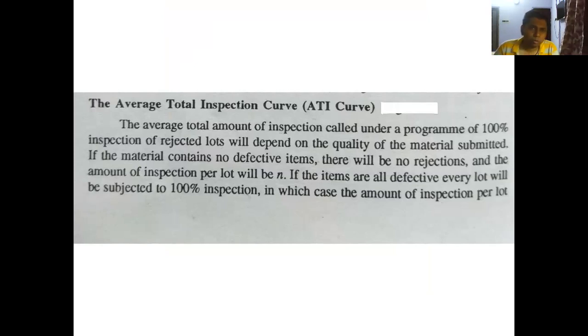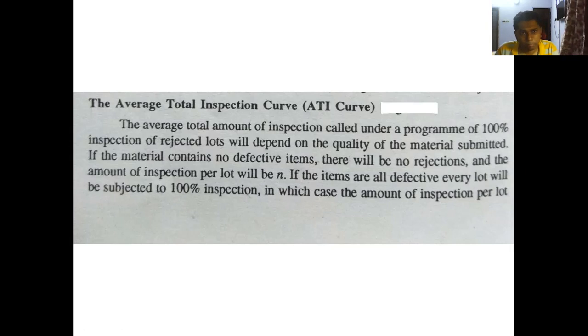So in that case, you should find out the number of total inspection, because in the first case you are doing an inspection which is small n. You are checking the items, that is small n.